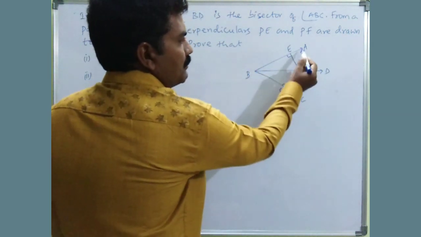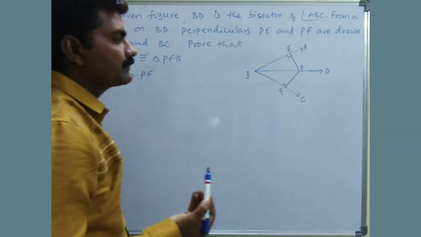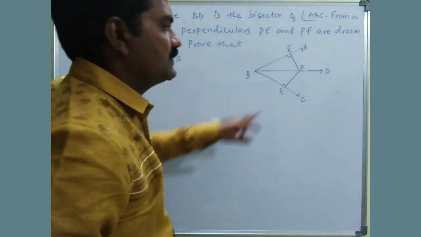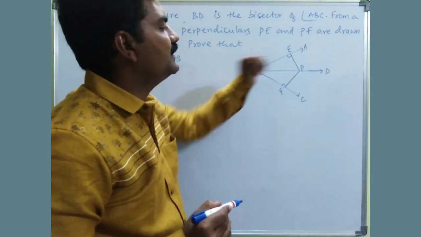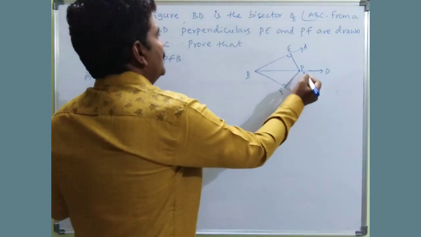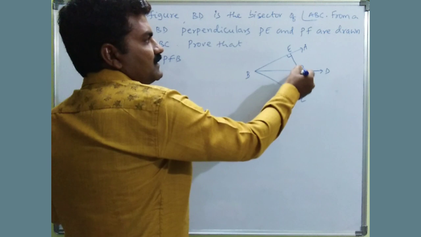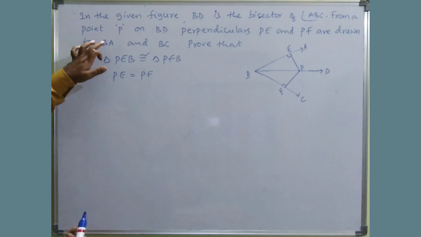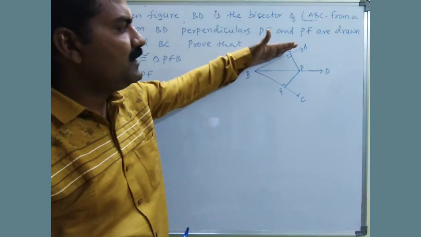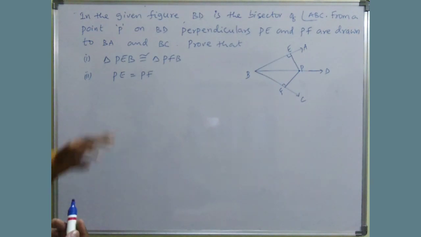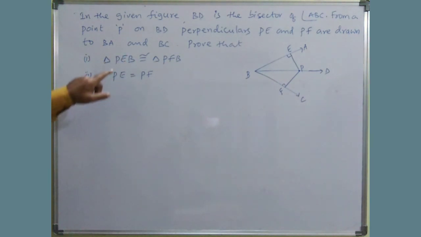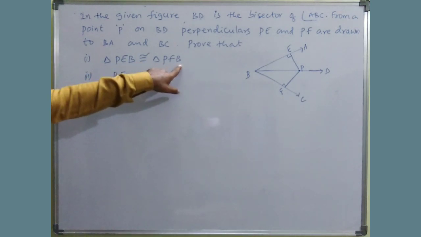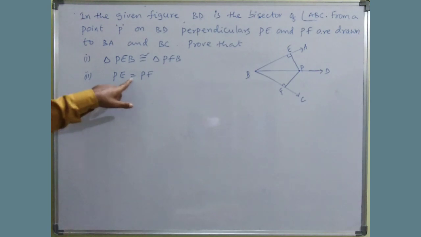From a point P on BD, let P be a point on BD, and from this point P draw the perpendiculars PE and PF to AB and BC. Then we have to prove that triangle PEB is congruent to triangle PFB, and PE is equal to PF.